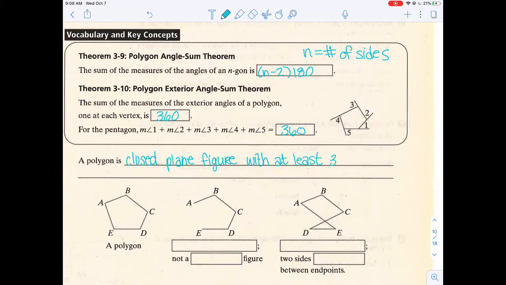Can't form a shape unless you have at least 3 sides that are segments, so they can't be curved. They have to be line segments. And sides that intersect only at endpoints. So the sides can't intersect somewhere in the middle.